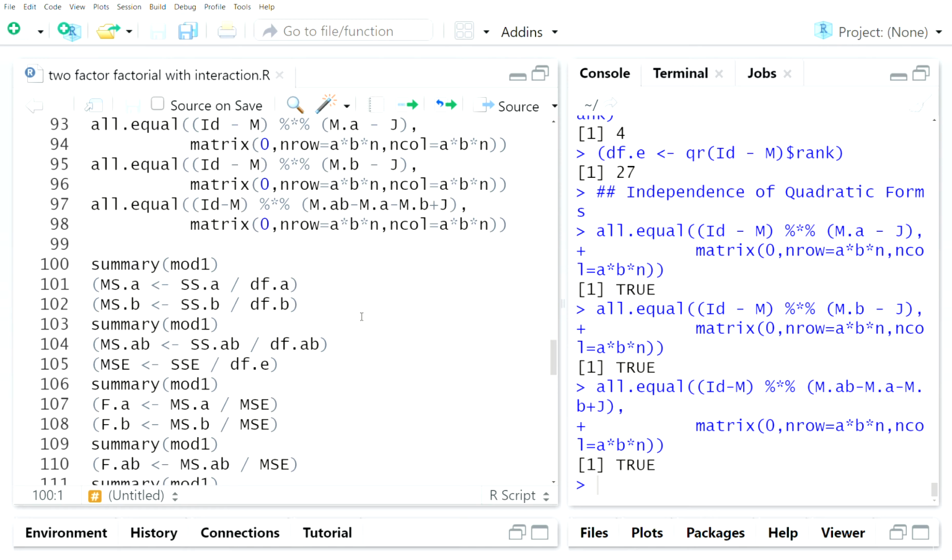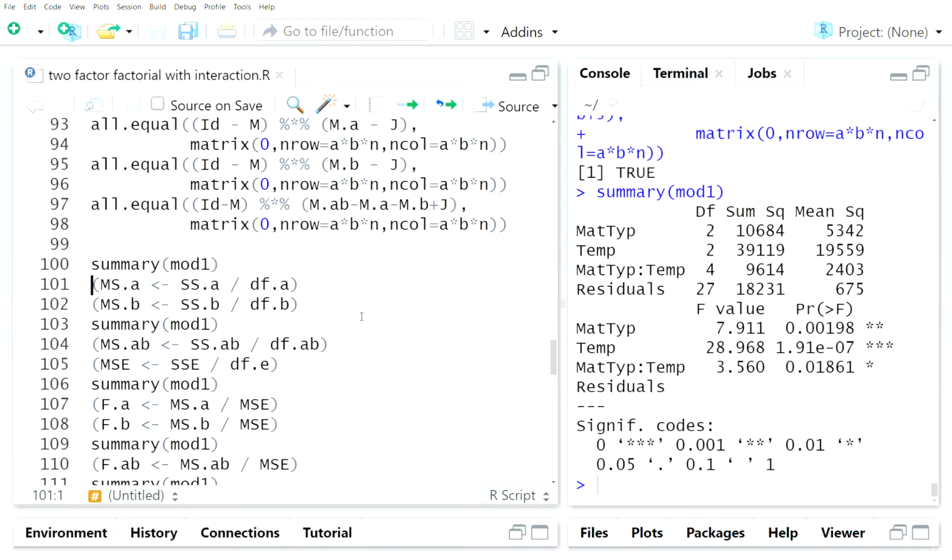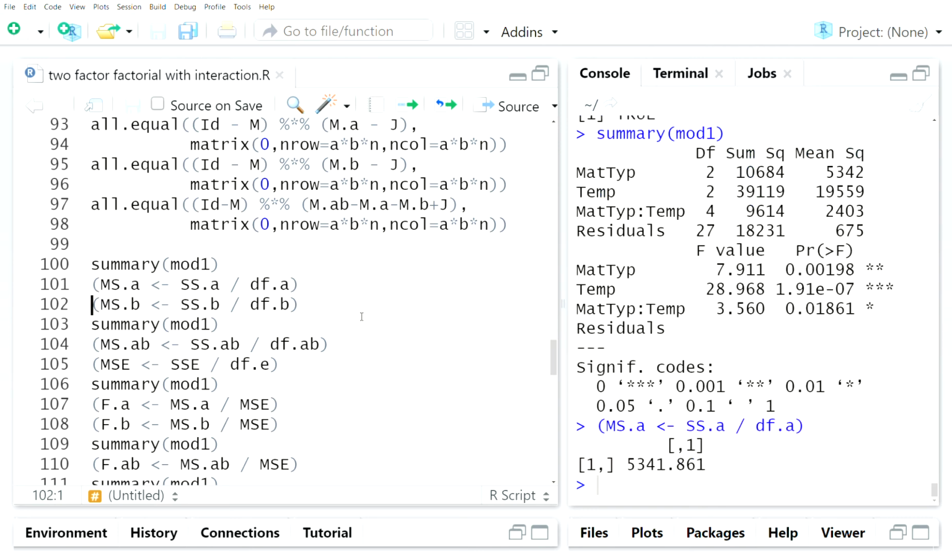Now let's calculate the mean squared error for each of those. And again, here's the summary. The mean square is the sum of squares divided by degrees of freedom. And so the mean square for factor A is 5341.8, which is rounded to 5342 in the table.